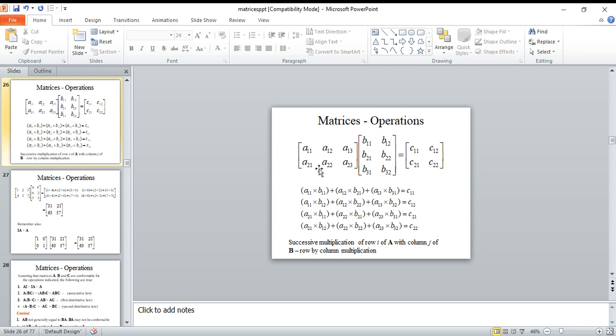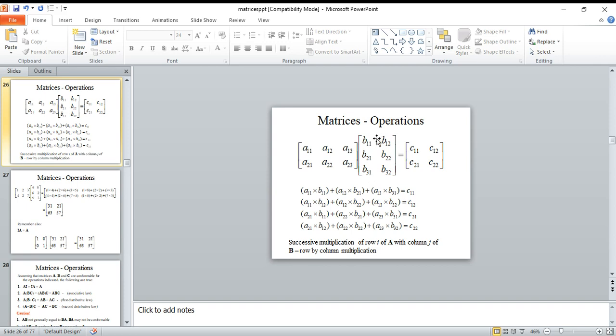The second matrix elements are B11, B12, B21, B22, B31, B32. Here the first matrix has 3 columns and the second matrix has 3 rows. Columns equal rows, so multiplication is applicable. Take the first row of the first matrix and multiply with the first column of the second matrix: A11, A12, A13 into B11, B21, B31.